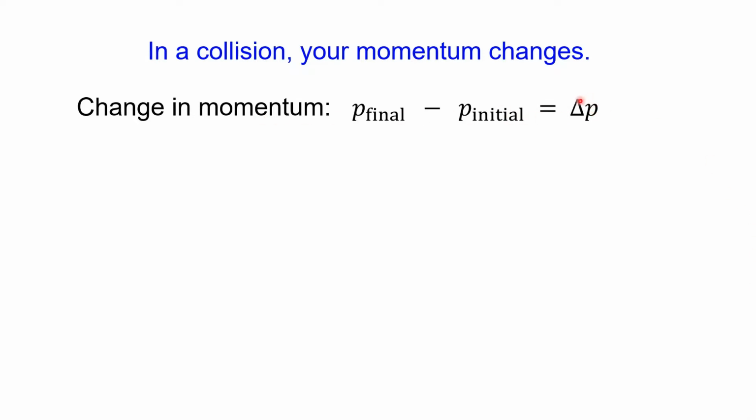The change in momentum is delta. Delta is a mathematical symbol that we can use to represent change in, and it's final minus initial. If we use our definition of momentum, then we can write it like this, where the F's stand for final and the I's stand for initial. So mass times velocity final minus mass initial times velocity initial.